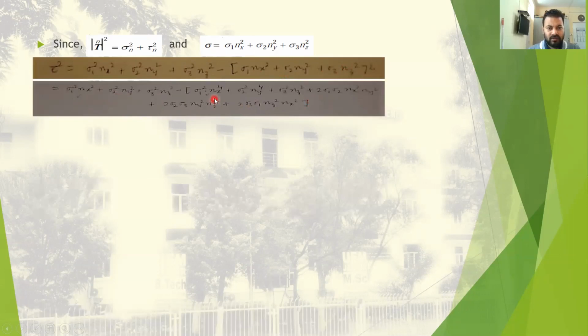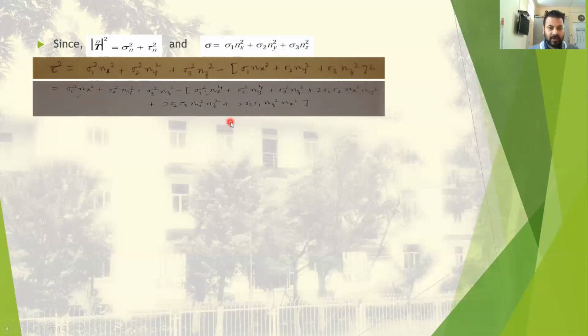So this is a square, b square, c square, 2ab means 2 sigma 1 sigma 2, nx square, ny square, 2bc means 2 sigma 2 sigma 3, ny square, nz square, that is written here, and 2ca is written like this. So now we have expanded the bracket.